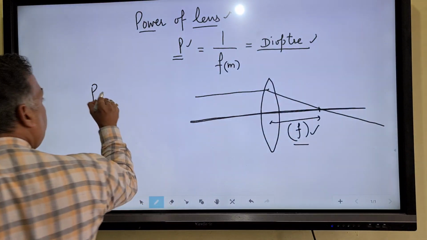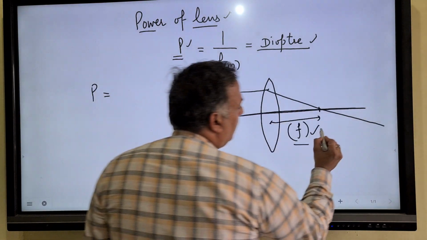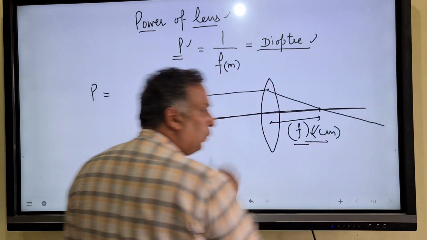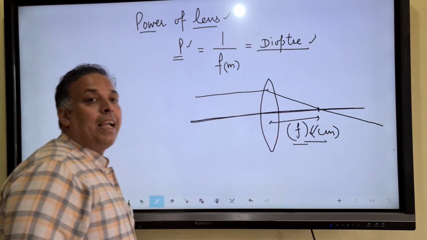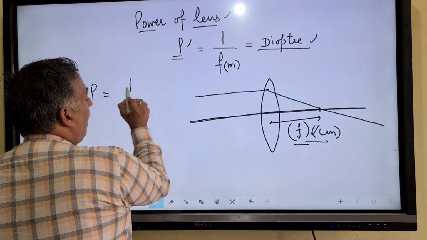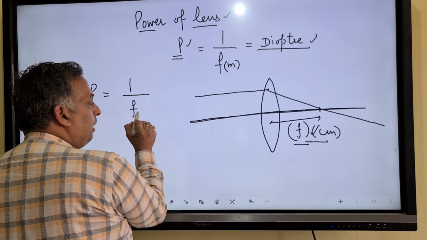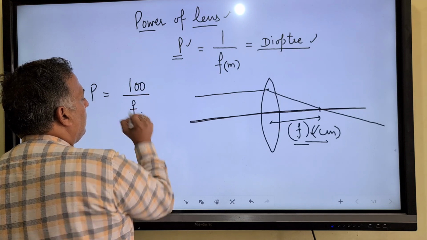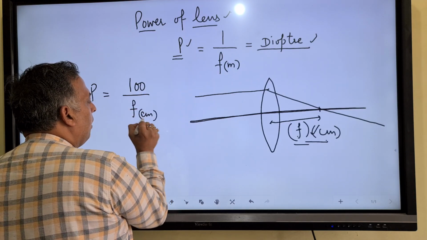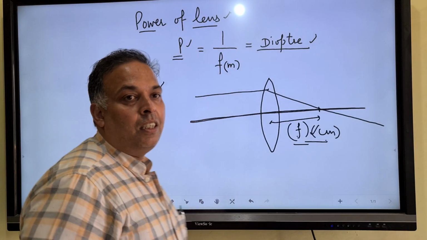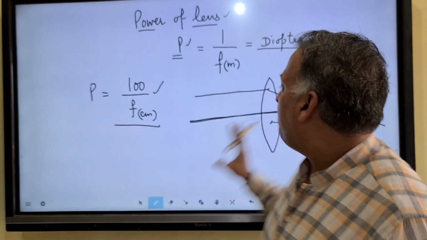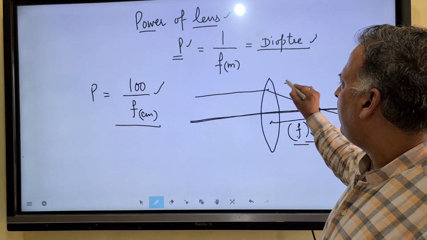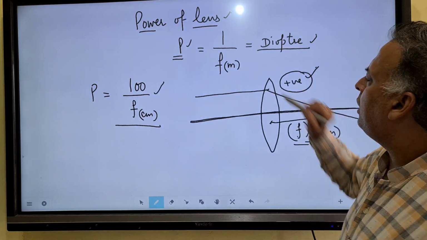So power, if this focal length is in centimeter, what should I do? I divide it by 100. So f by 100 in centimeter, you divide it by 100, so it becomes 100 by f, with f in centimeter. That becomes the power. So the power of a biconvex lens is positive because the biconvex lens focal length is positive.